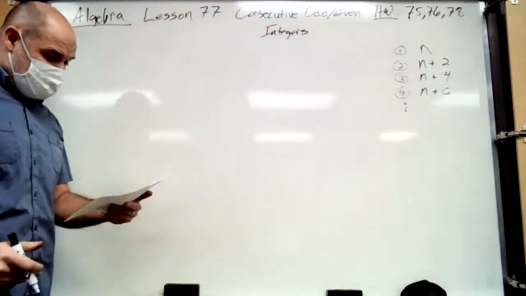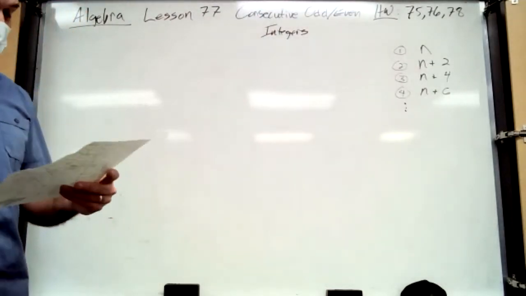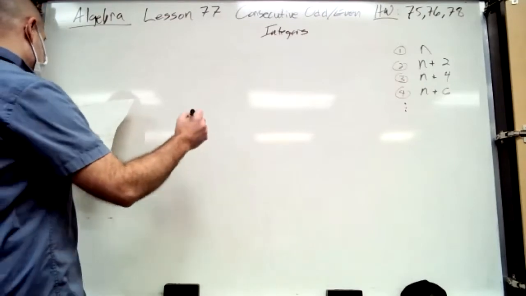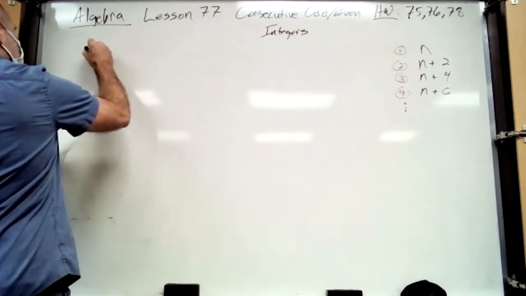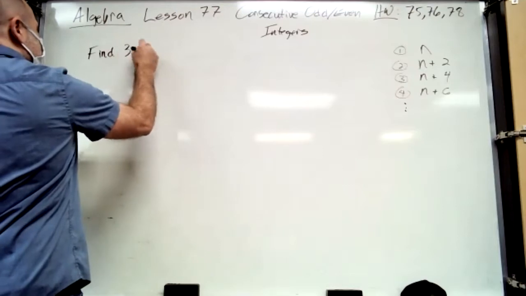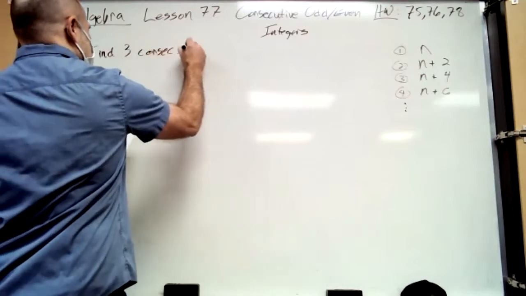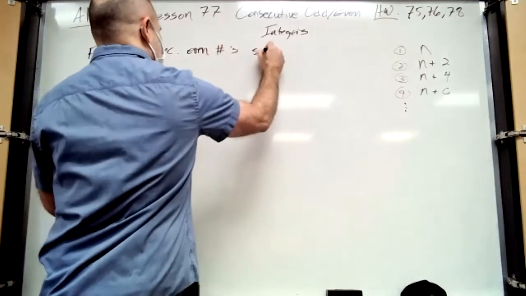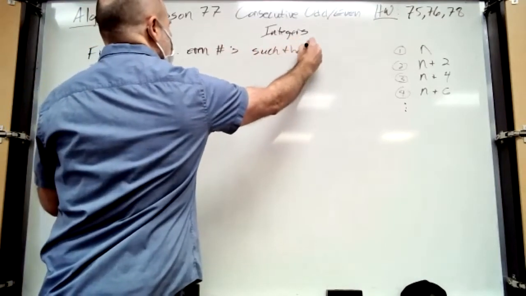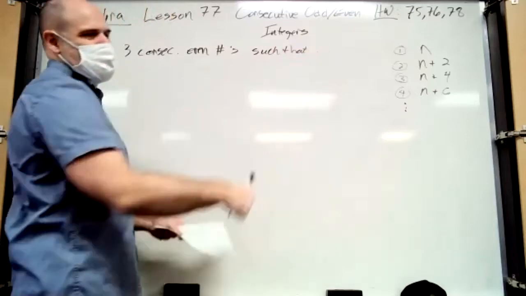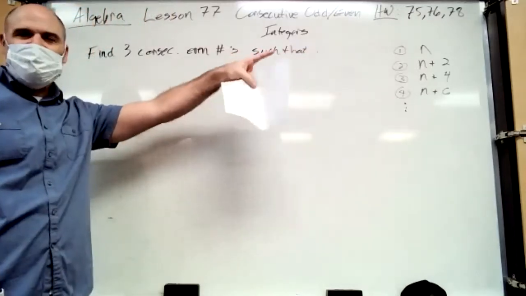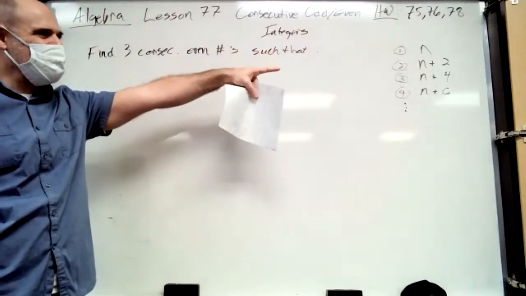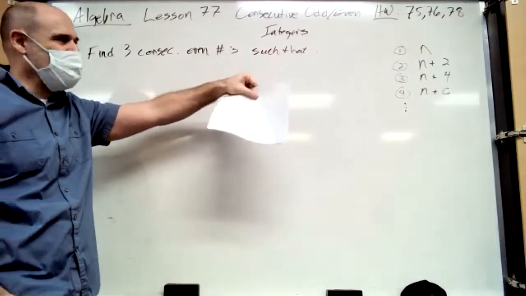So 77. Let's do an example with odd or even numbers. So find 3 consecutive even numbers such that, all right, so even numbers tells us that's our key, that's our table that we have to go by. The first one's n, the second one's n plus 2, the third one's n plus 4, and so on.